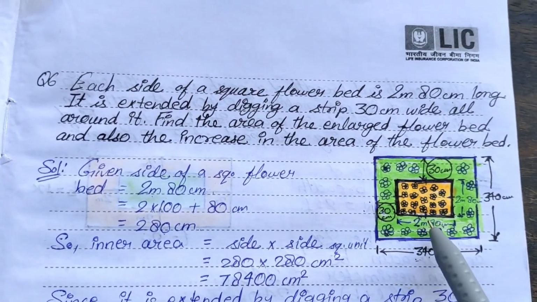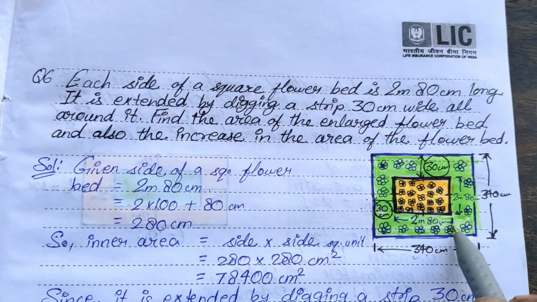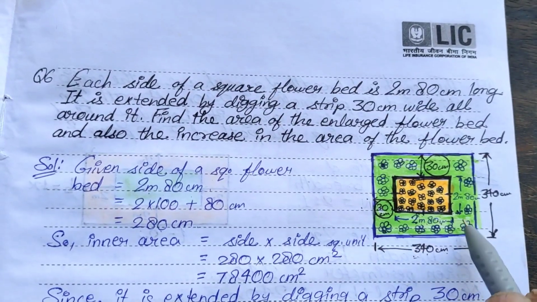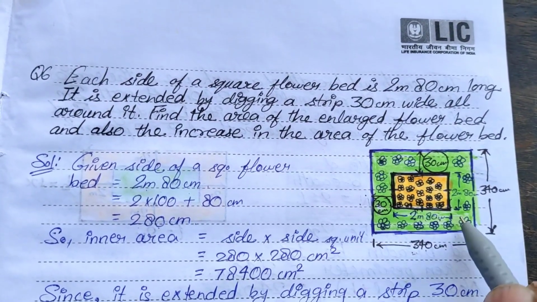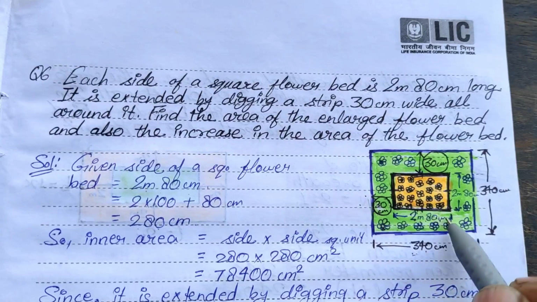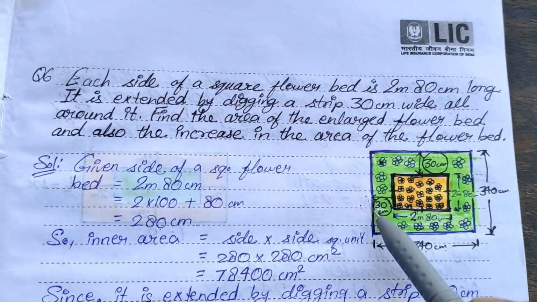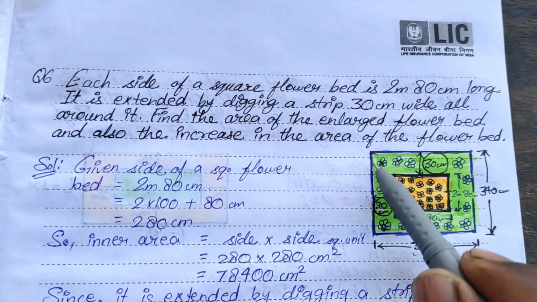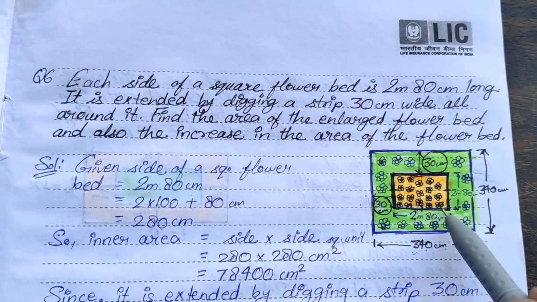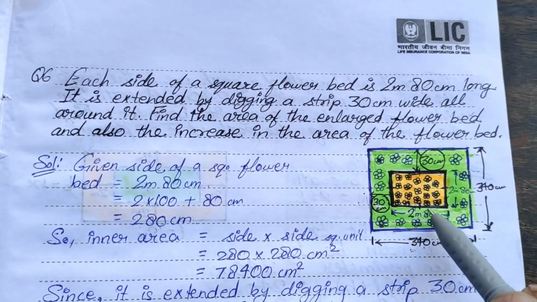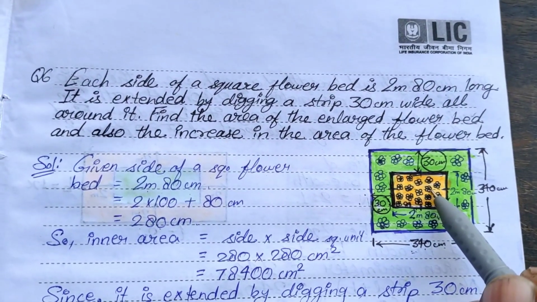Now first we have to find the area of the enlarged flower bed, this green portion area. So to find this green portion area, we have to find the total area of the square flower bed and the inner area of the square flower bed.